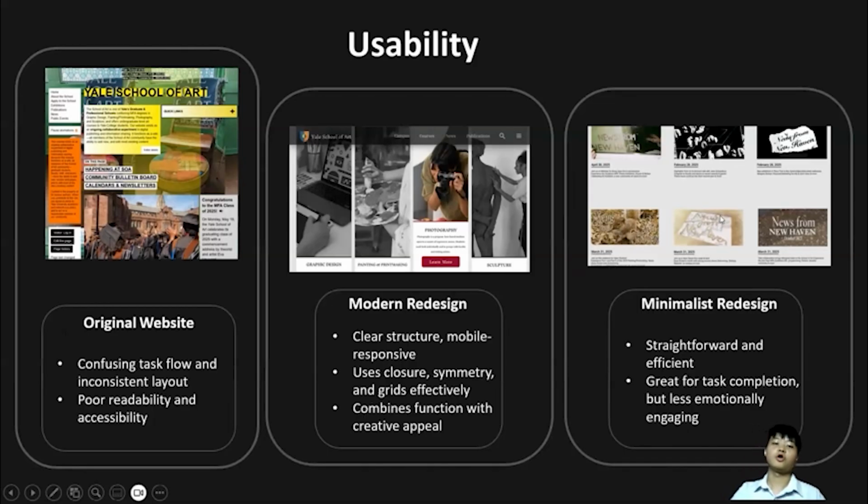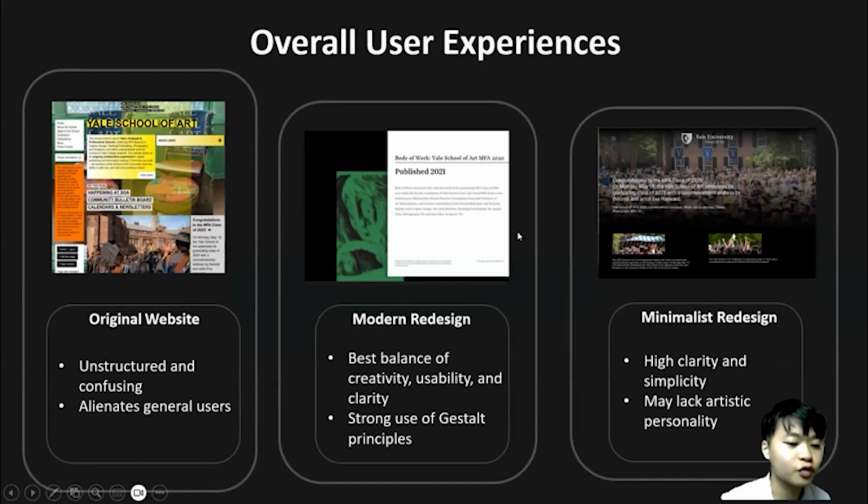Yep. So for the overall user experience, the original website is very unstructured and confusing. It's because of the hierarchy and the affordance, and the colors and backgrounds are all very ugly and alienate the general users.